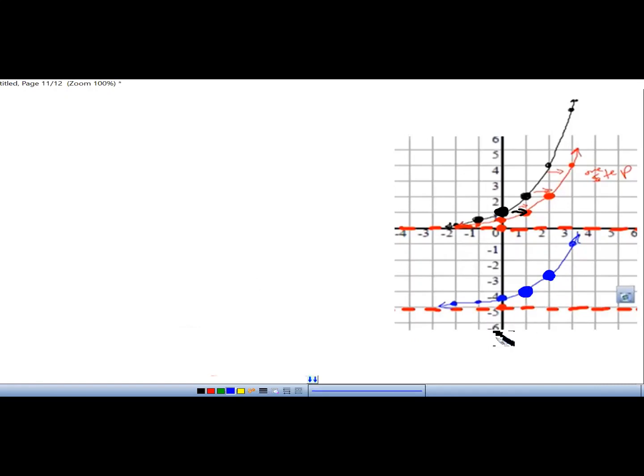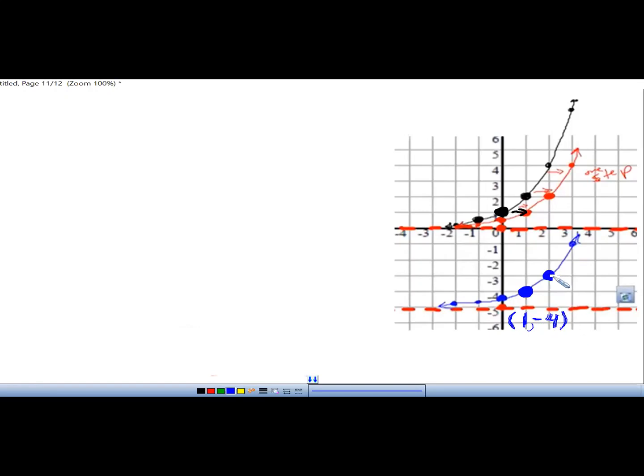So let's label the coordinates of those points. This point right here is 1, comma, -4. 1, -4.